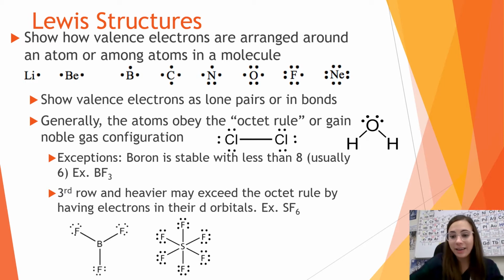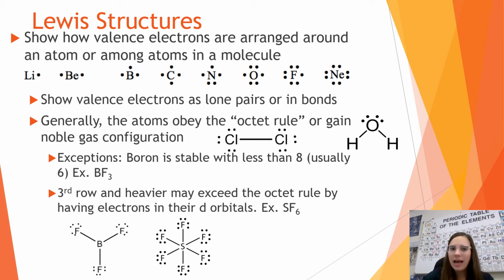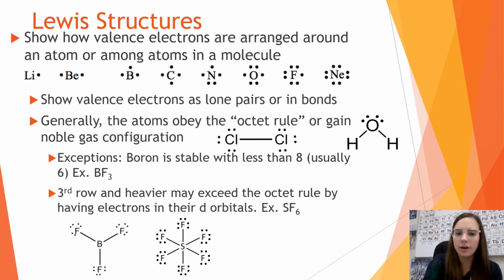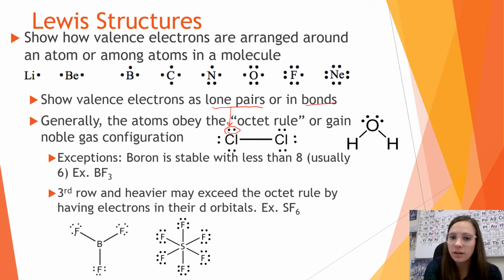So an atom can either have lone pairs, which means 2 electrons that are not inside of a bond, or they can share an electron, which is 2 electrons inside of a covalent bond.